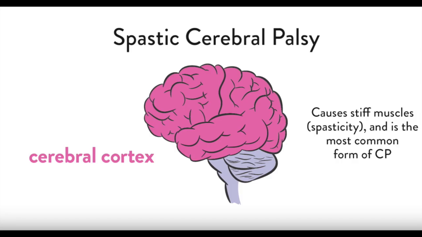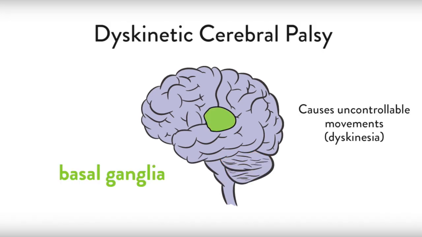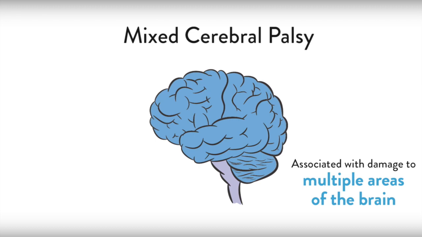Also, classification based on location of brain injury, such as pyramidal cerebral palsy, aka spastic, and extrapyramidal cerebral palsy, characterized by low muscle tone with weak, uncoordinated muscles, and mixed cerebral palsy.